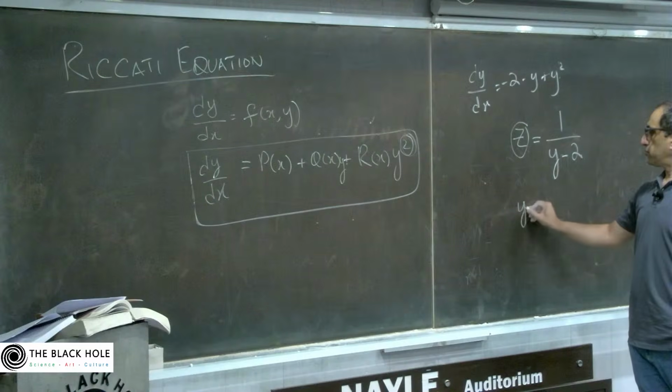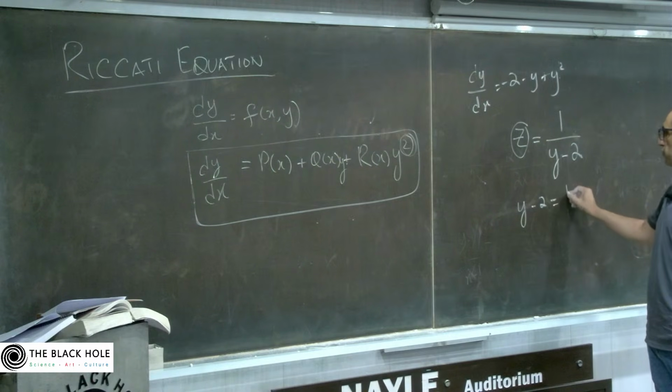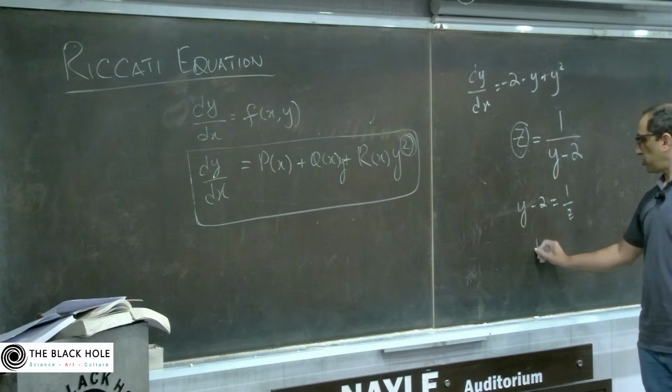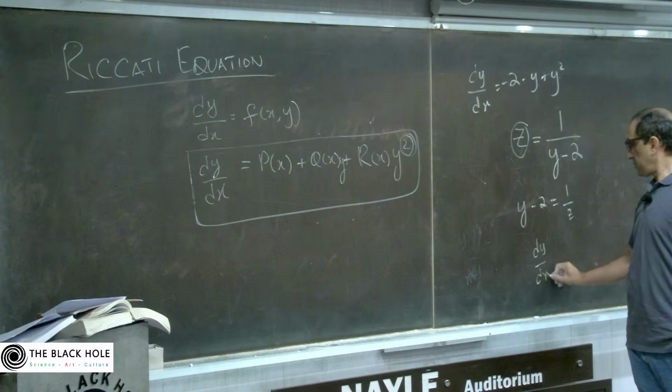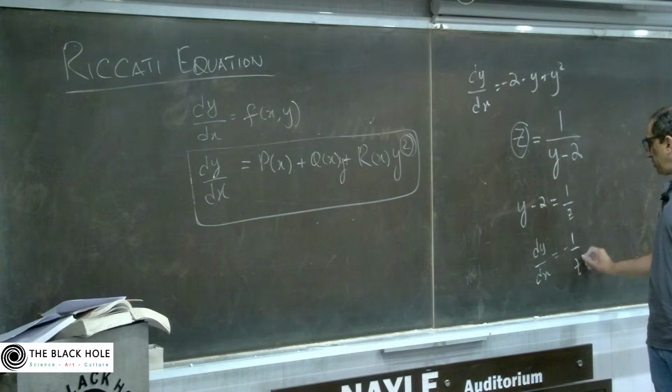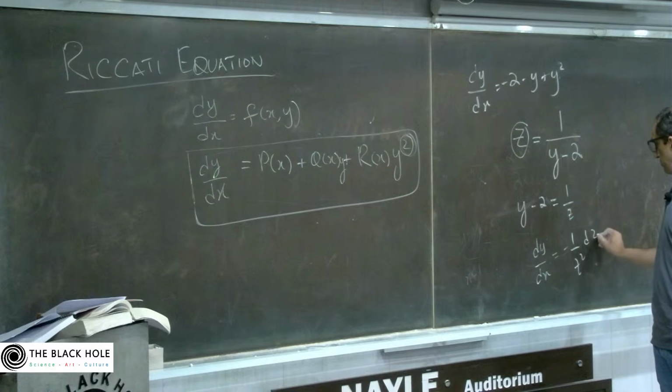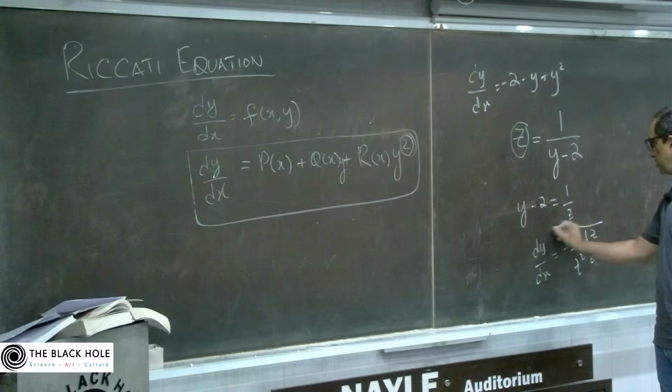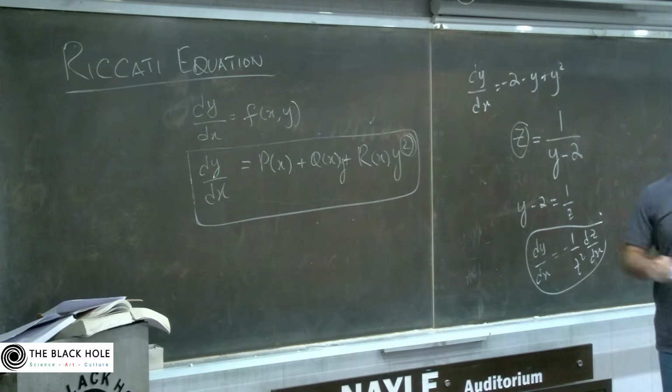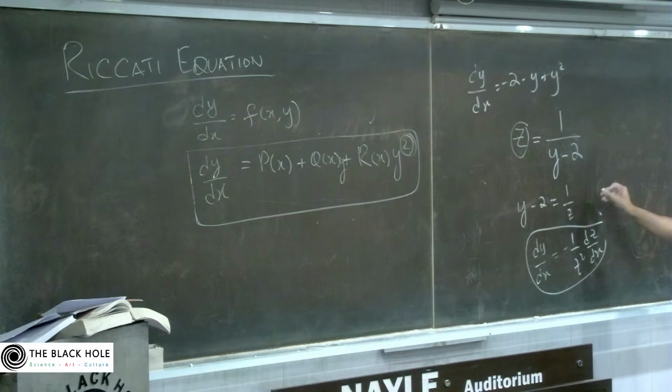Easiest thing would be you write y minus 2 is equal to 1 over z. Your dy by dx will be minus 1 over z squared dz by dx. You plug it in here and you try and find out the solution, and instead of y you will write what? 2 plus 1 over z.